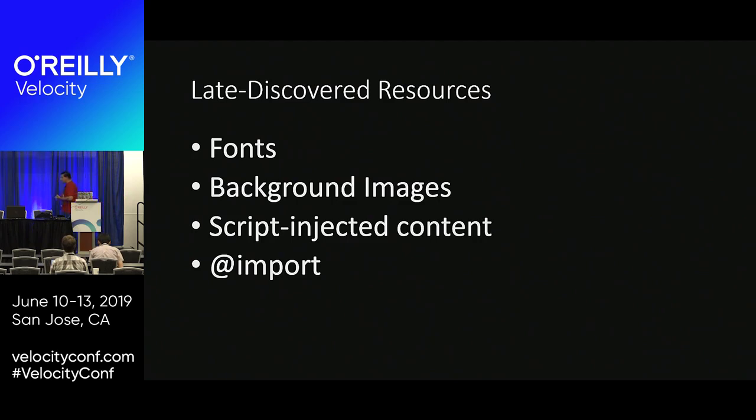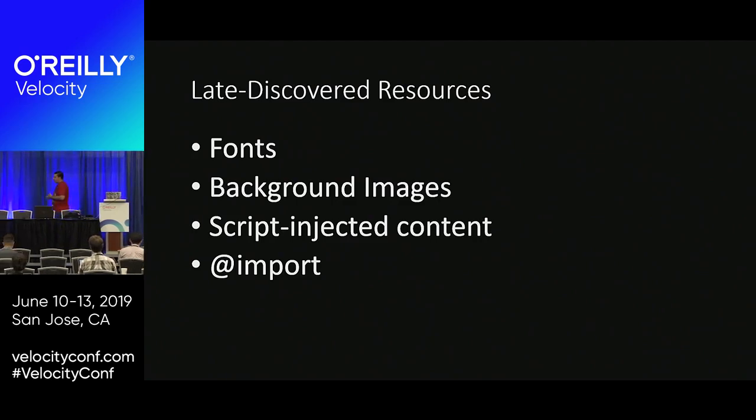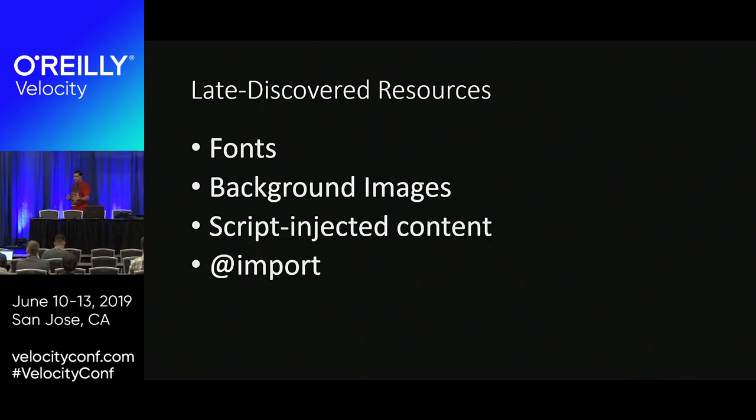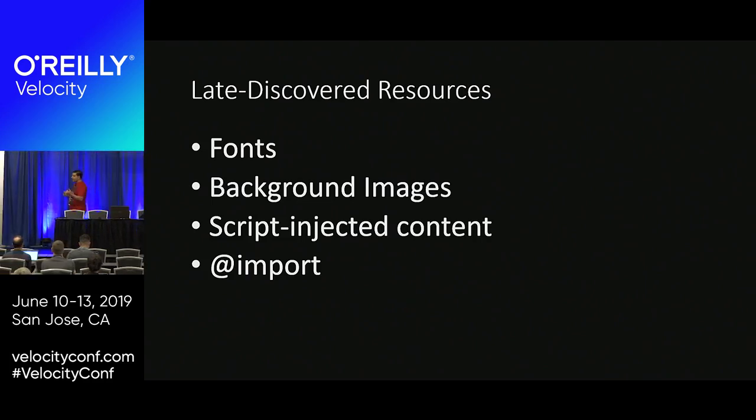Fonts and background images are defined in the style sheet, and the browser doesn't know about them until it actually applies the style sheet to a DOM tree, does layout and styles, and goes, oh, hey, I need this background image for this place on the page, or I need this font for this text that I'm trying to draw.